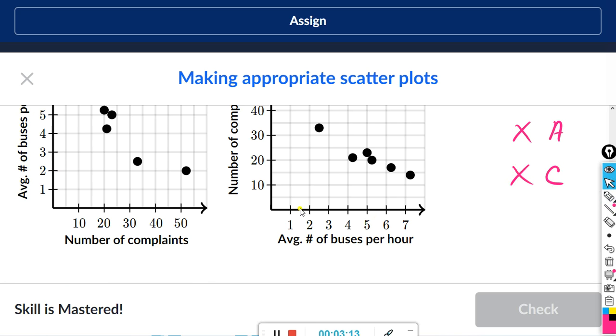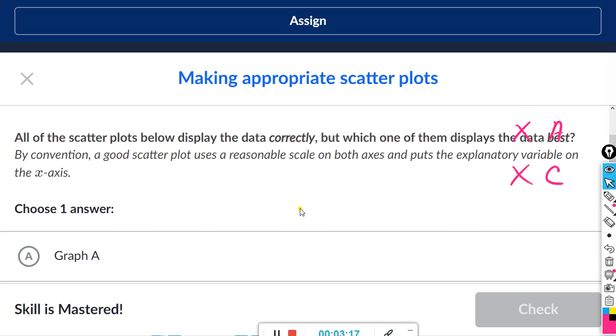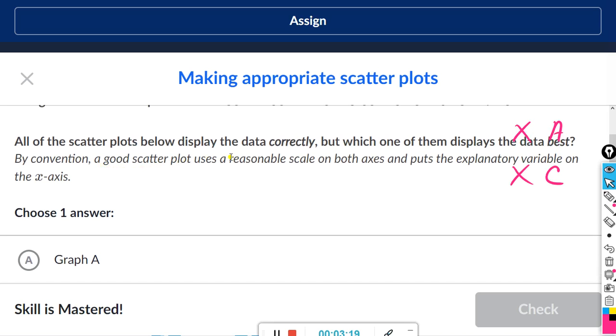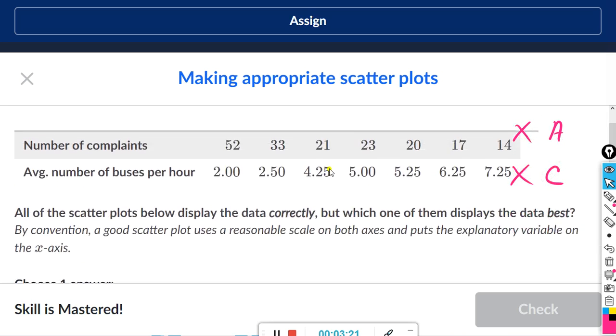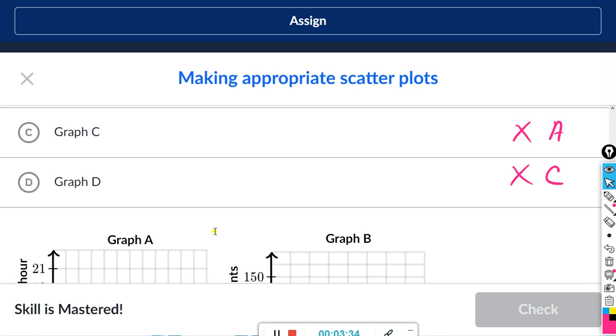Now the other thing that makes us choose the correct graph: a good scatter plot uses a reasonable scale. The x-axis, or average number of buses, should run from 2 to 7.25. Let's check out the x-axis there.